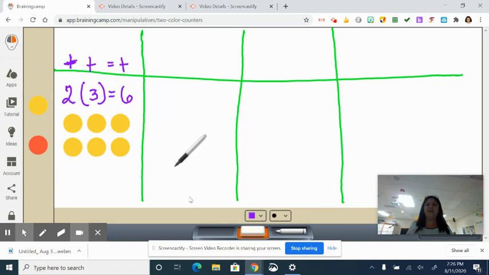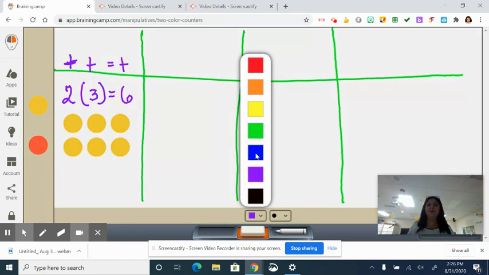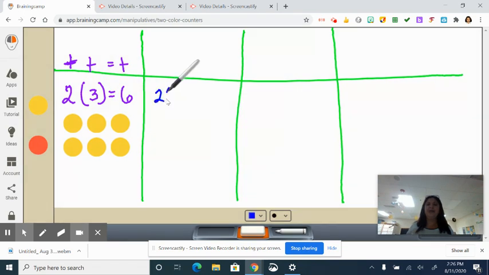But what happens if I were to do two groups of negative 3? And this is how you write 2 times negative 3. What color are my counters going to be? Red, right? This is two groups of negative 3.